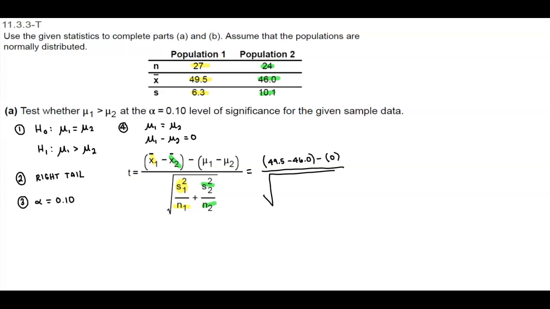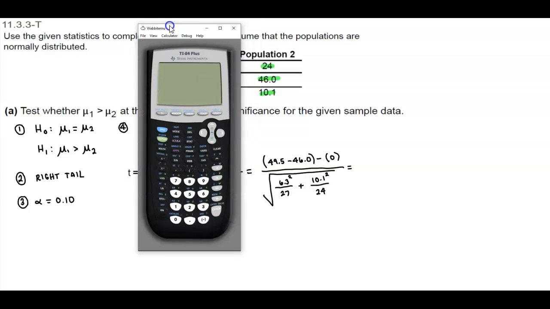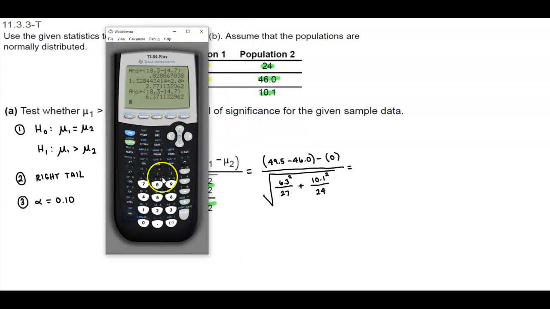Then we take the standard deviation of sample 1, which is 6.3, square it, and divide by the sample size of 27, plus the standard deviation of population 2, which is 10.1, squared and divided by the sample size, which is 24. Now let's see what this looks like on our calculator. In the numerator we have 49.5 minus 46, minus 0, so we have 3.5.